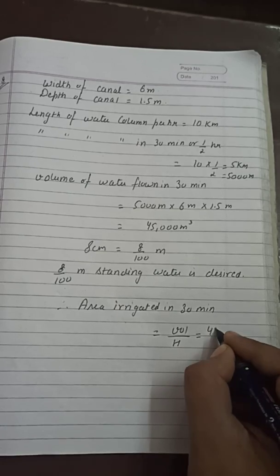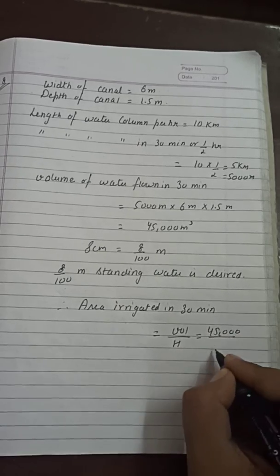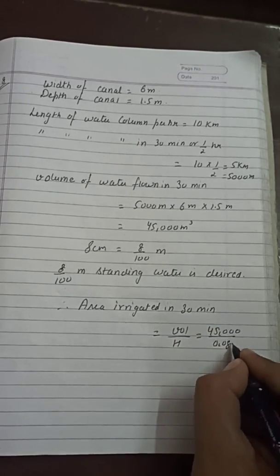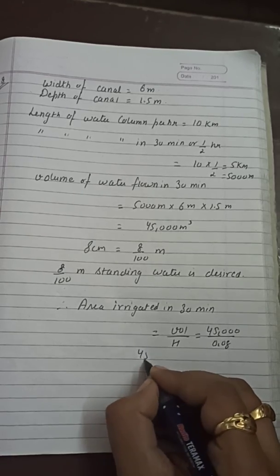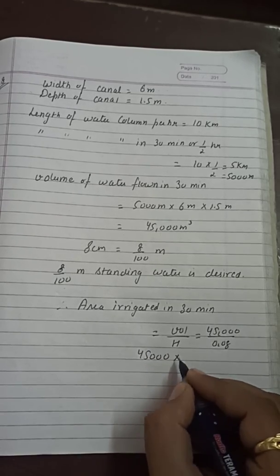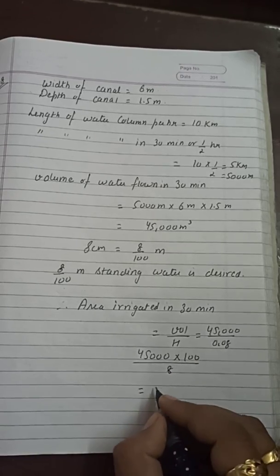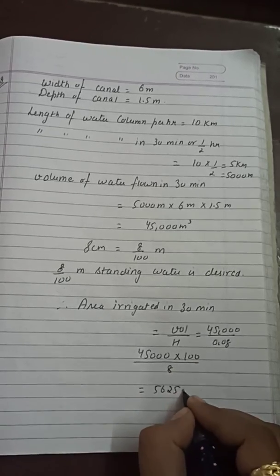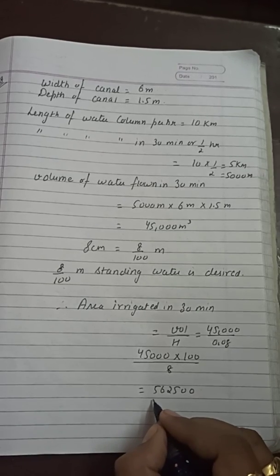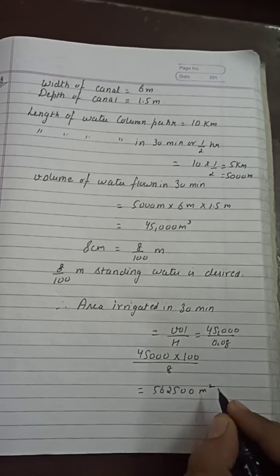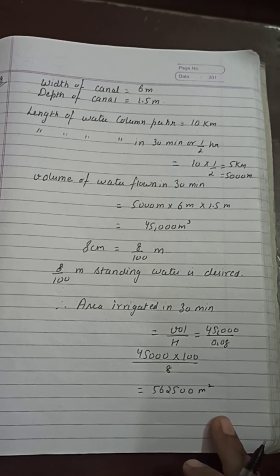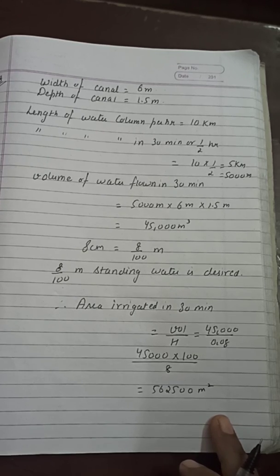Volume is 45,000 and height is 0.08. It will be 45,000 into 100 by 8, which is 562500 meter square.